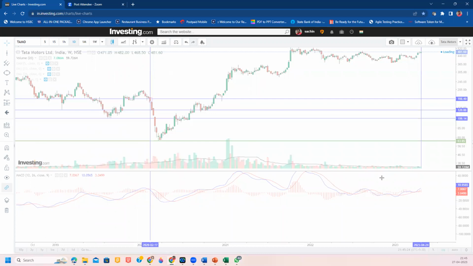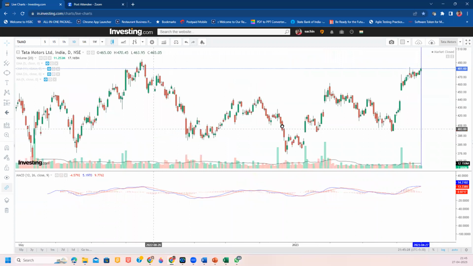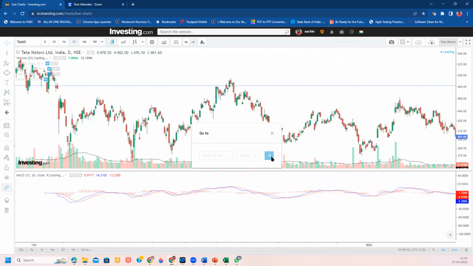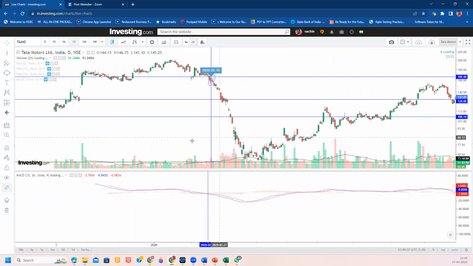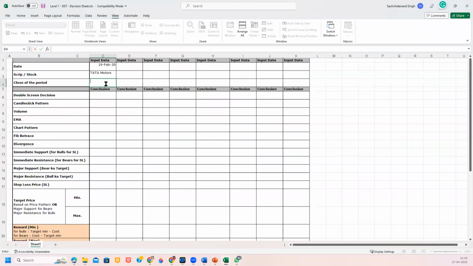We'll be marking it here. This is just for our internal reference purpose; we are just creating the trading log.